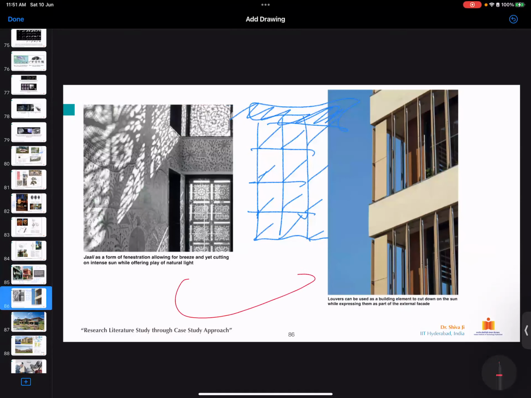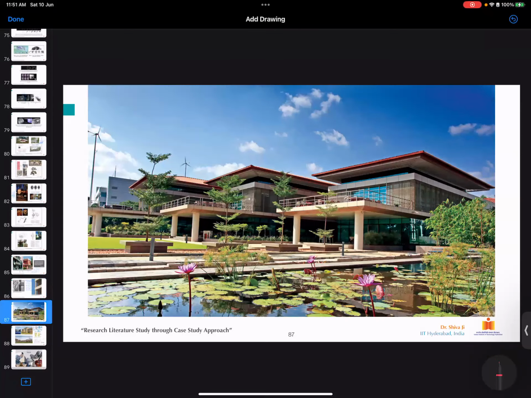Again, modern translations of the same kind of things which have been in Indian architectural heritage for a long time, like Jalis and breeze soleil and all of these structures. So this is a modern structure where it is utilizing these louvres, right? Again, one of the most amazing modern architectural examples.